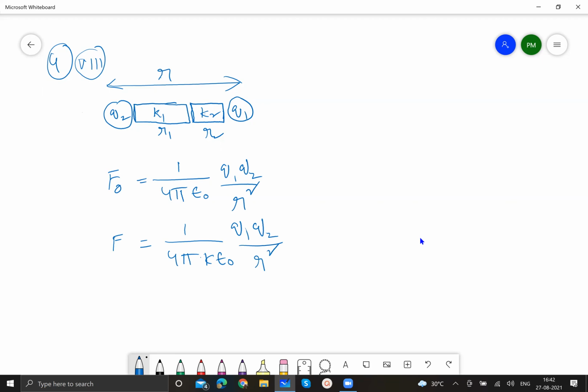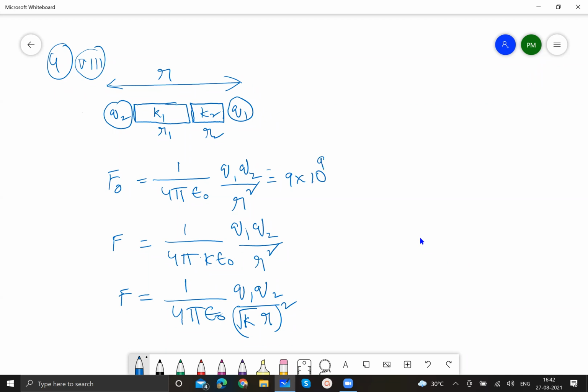So I can rewrite this expression as 1 by 4 pi epsilon 0 into Q1 Q2 by (root K into r) whole square.